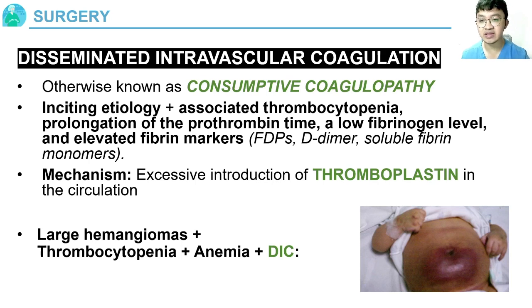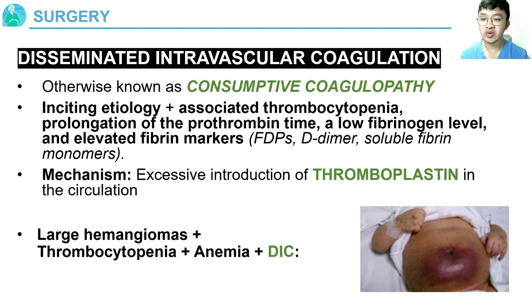What happens is that these coagulation factors, they're gonna get consumed. They get consumed after initial bouts of clotting. Eventually, your body is gonna bleed because it's losing clotting factors, it's losing platelets. So that's your DIC. Again, due to excessive thromboplastin activation in the circulation.